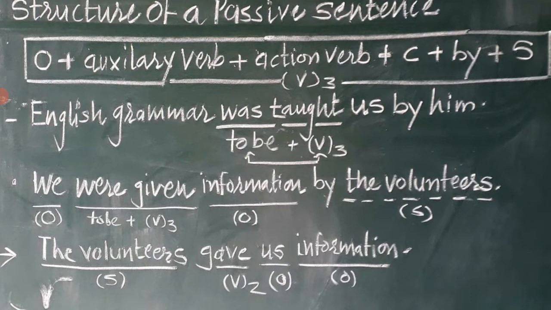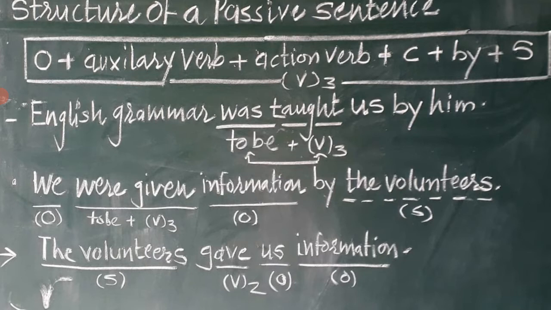As we see, after by, the volunteers, which is the subject, is put in place of an object. The volunteers, later on we judged that the to be form is in past, so it is an example of simple past tense. That's why the action verb given is converted into give, and its second form, gave, because the sentence has the auxiliary was or were.